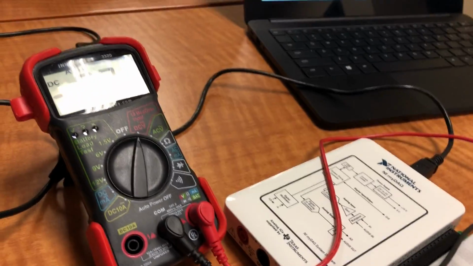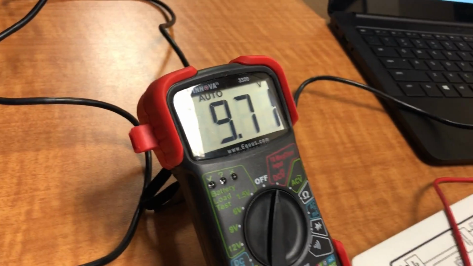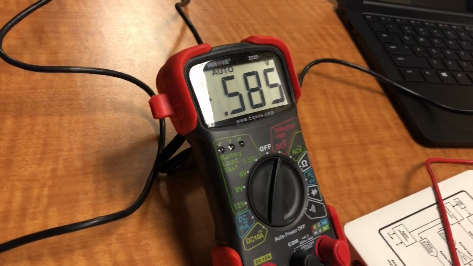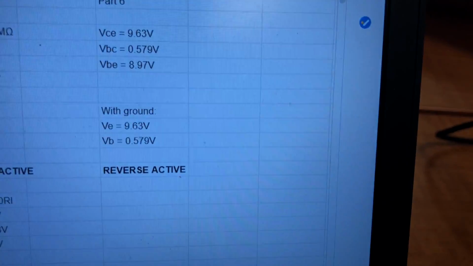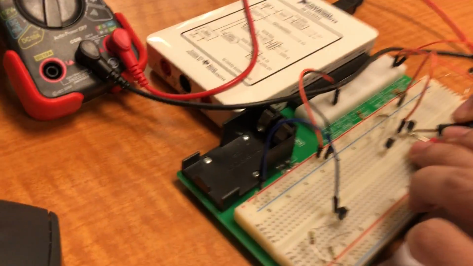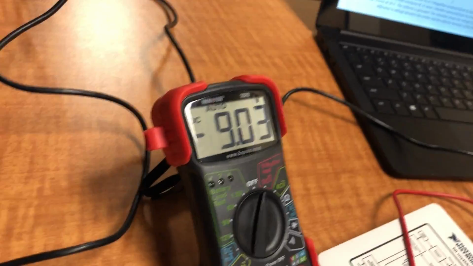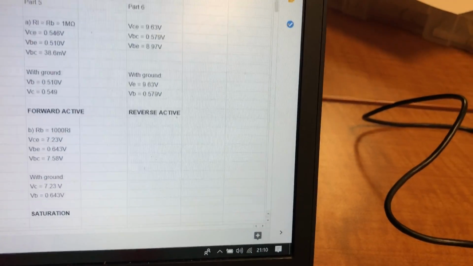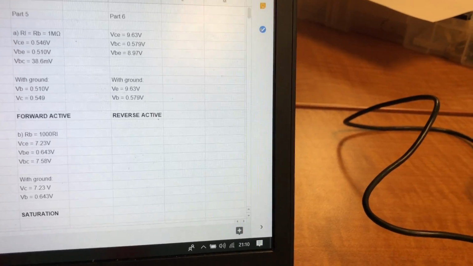Voltage CE, 9.7, 9.63. BC, half a volt, 0.5. And BE, 9, 8.9. And that's a reverse active region. It's the only one we had with reverse active.